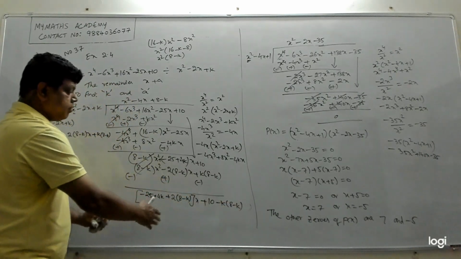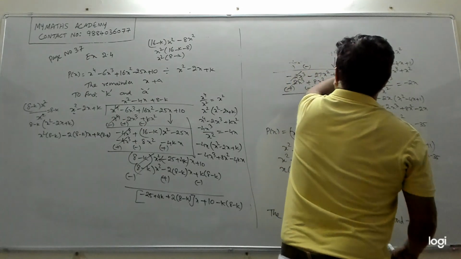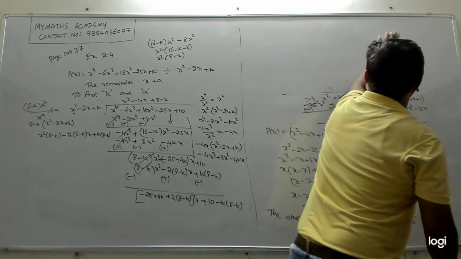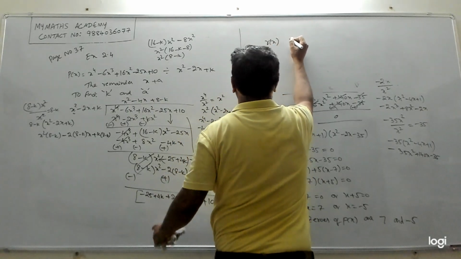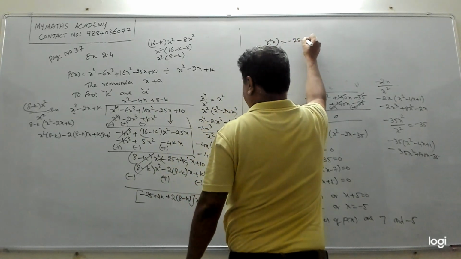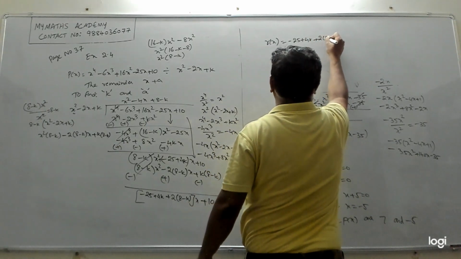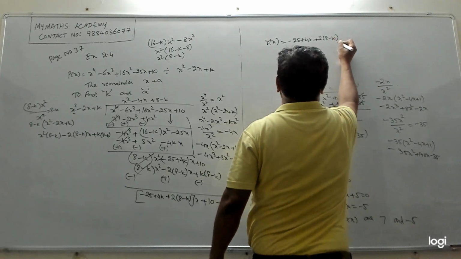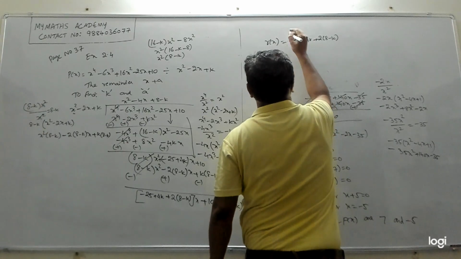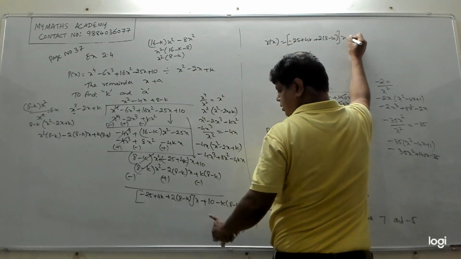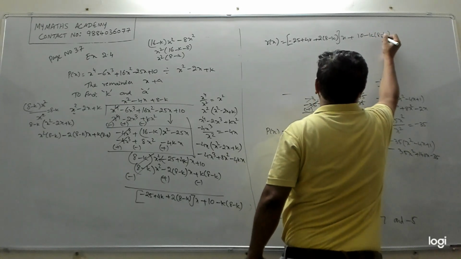Let's take this remainder and do some simplification. So what is the remainder? The remainder r of x is minus 25 plus 4k plus 2 into 8 minus k whole into x plus 10 minus k into 8 minus k.